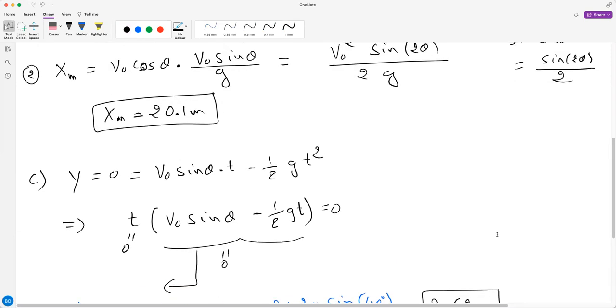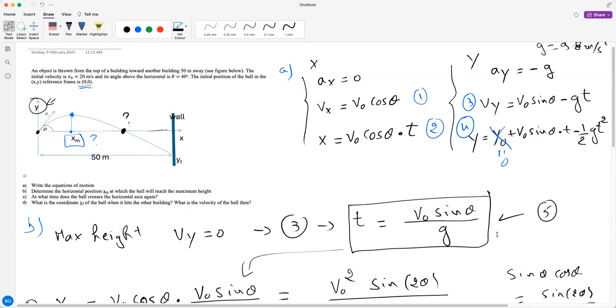Now let's go for the last question. What is the coordinate yf of the ball when it hits the other building? So we are looking at this coordinate. We know that at this position, the distance along x is 50 meters. So all we have to do is to solve the equation x equal to 50 meters.